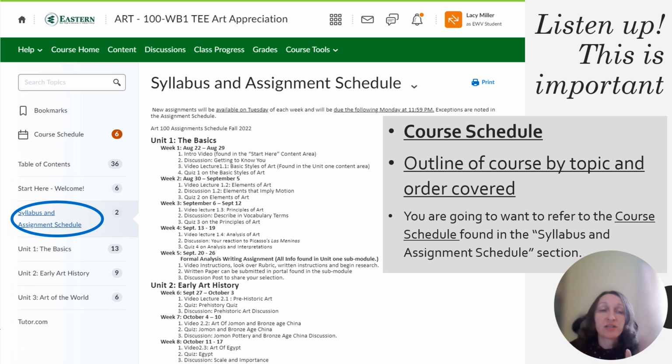Okay, so there is a course schedule. This is kind of what you see in Blackboard, and I want to draw your attention right here to the course schedule. You're going to want to pay attention to this as the semester goes. So everything is listed out. Now, discussions should be popping up for you to see on a weekly basis, but you definitely want to reference this because it shows what video lecture goes with each discussion.